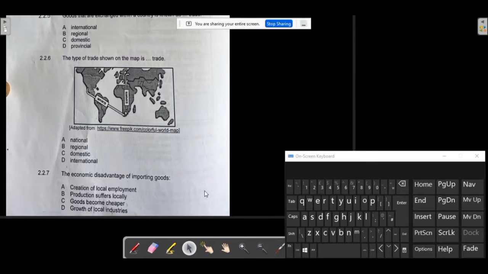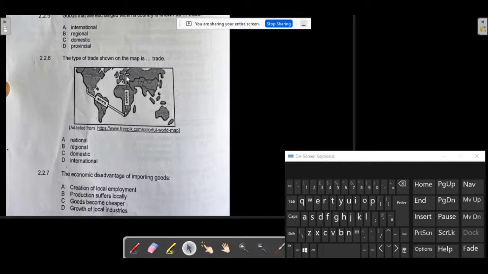Okay. So the type of trade shown on the map is dash trade. So we're importing from the US, going into South Africa. From South Africa, then we're exporting to Europe. So what type of trade is that?